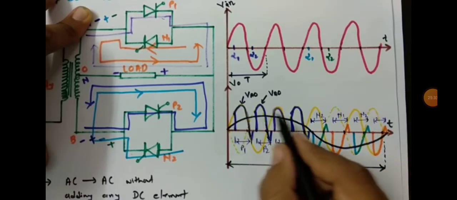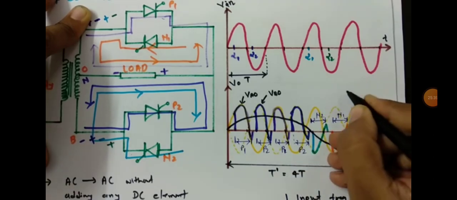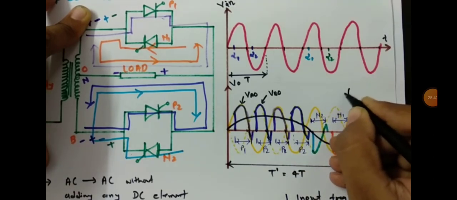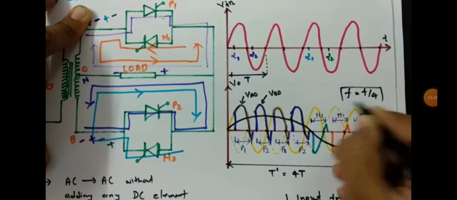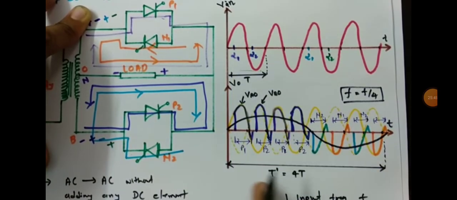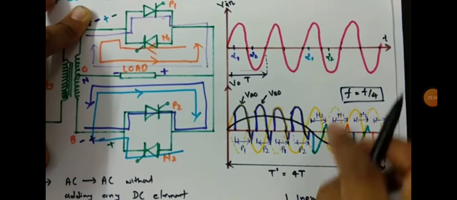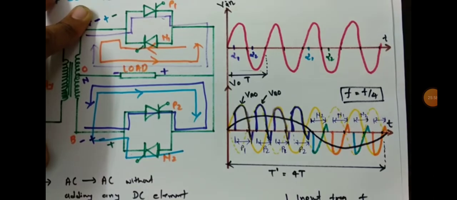If we see this output, it has a time period of 4T. So the frequency is f by 4. The reason is that for the input one cycle time period is T, but for the output one cycle time period is 4T. So the frequency of output is f by 4.